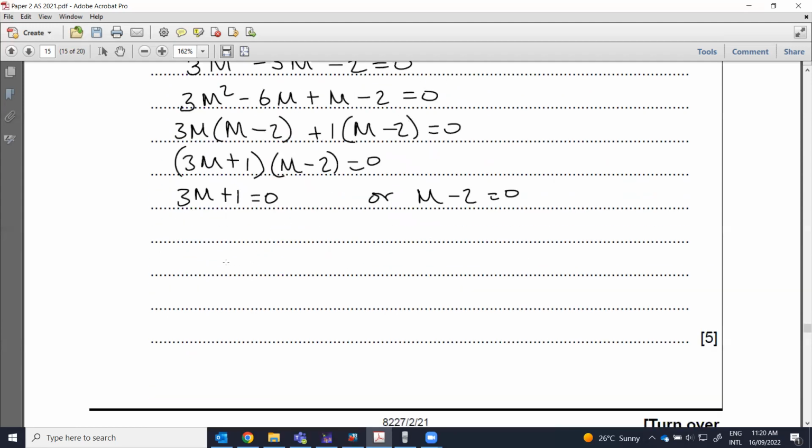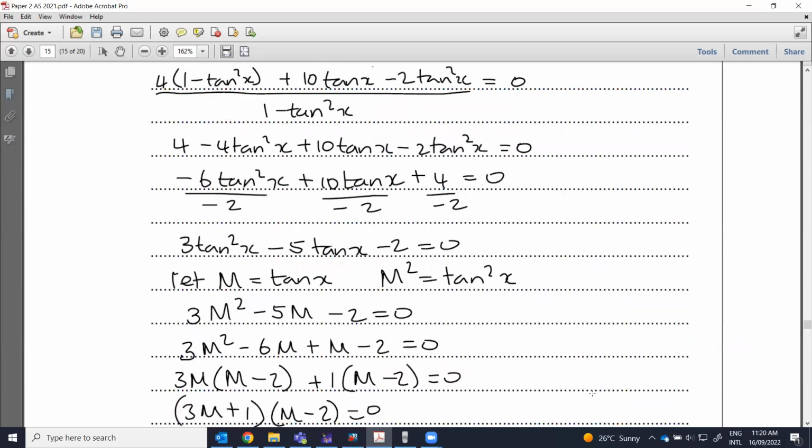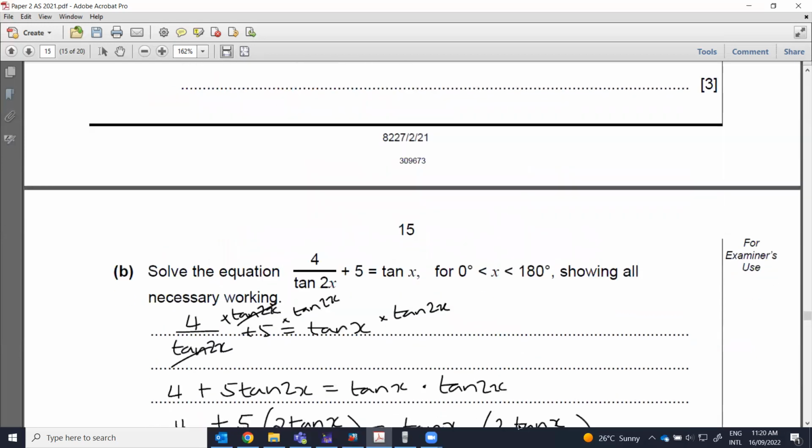Okay, so if 3m plus 1 is 0, this means 3m is equal to minus 1. Therefore, m is equal to minus 1 over 3. Or here, m is equal to 2. Now, let's just go back to the question. We want a value between 0 and 180 degrees.